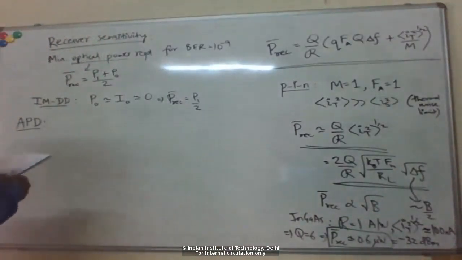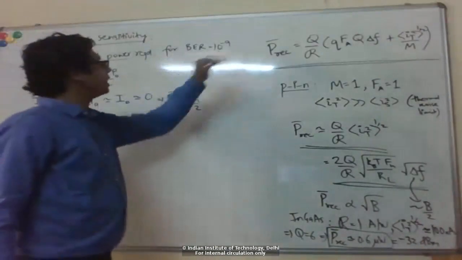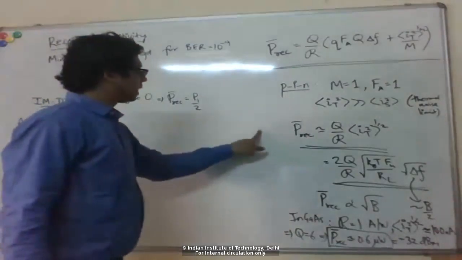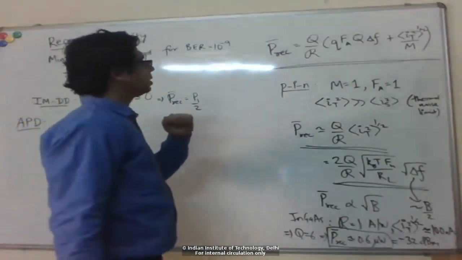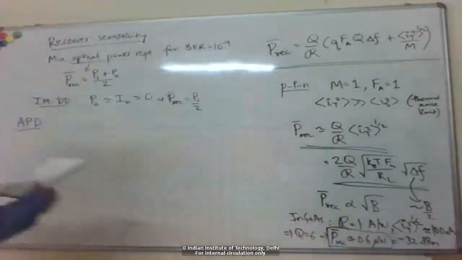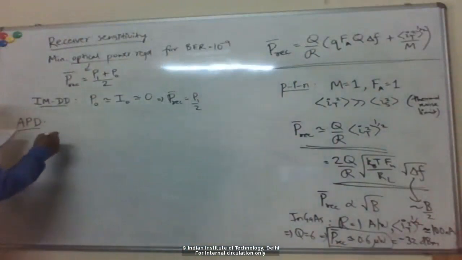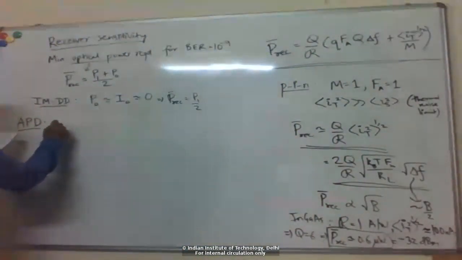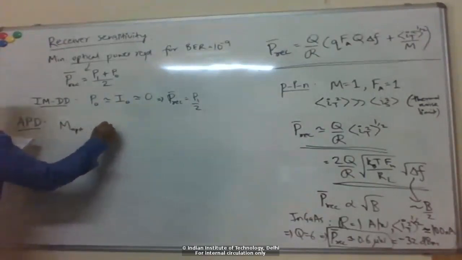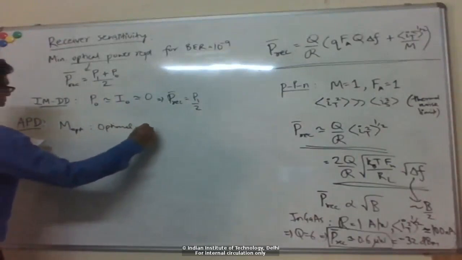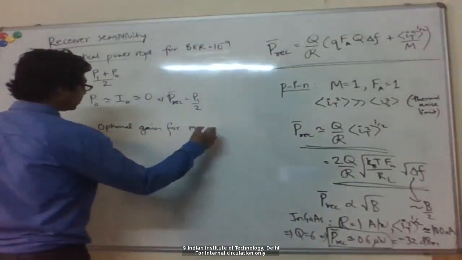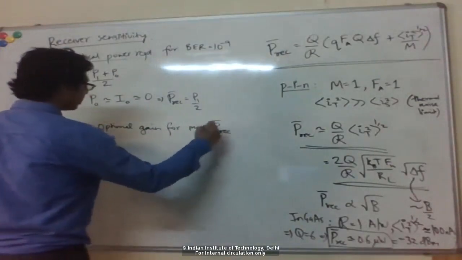Similarly, we can calculate, so let's say our metric is 10 to the minus 9, we are here. Now we can ask what is the optimum gain that I need? Recall this noise factor here depends on the gain. So I can ask what is the optimal gain required for maximum receiver sensitivity, or minimum received optical power?